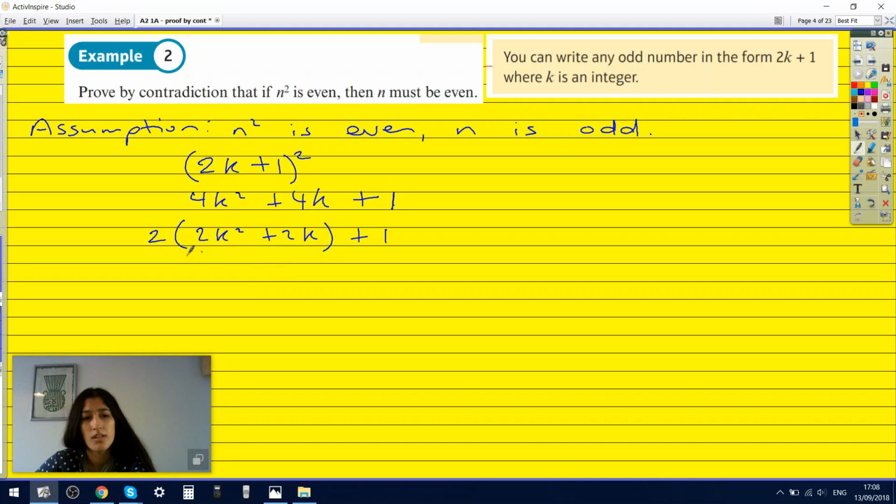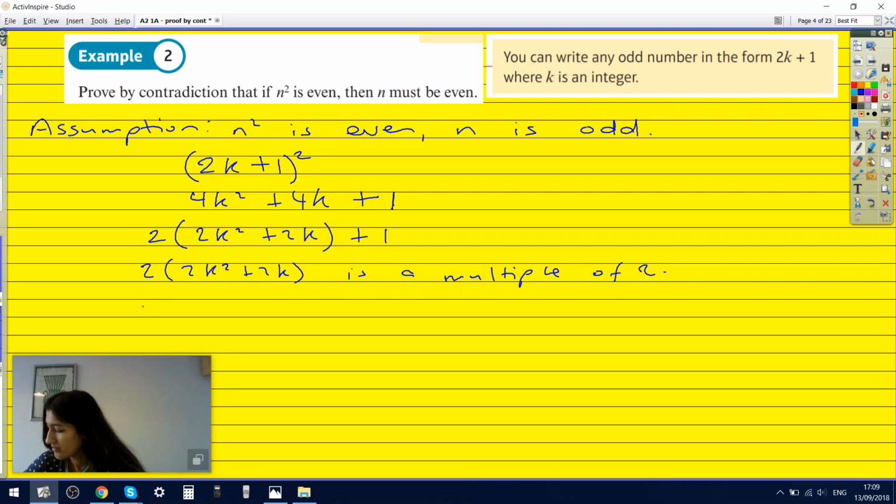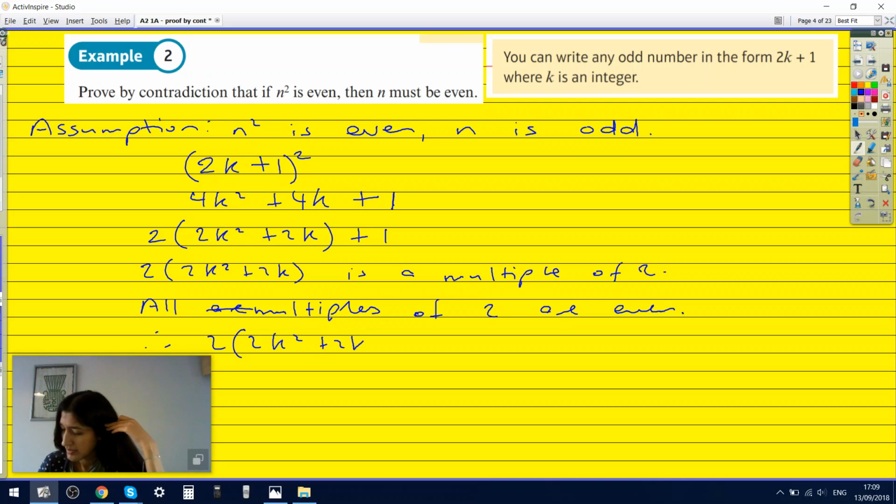That's an even number. So 2 times 2k squared plus 2k is a multiple of 2. All multiples of 2 are even. Then plus 1 makes it odd.